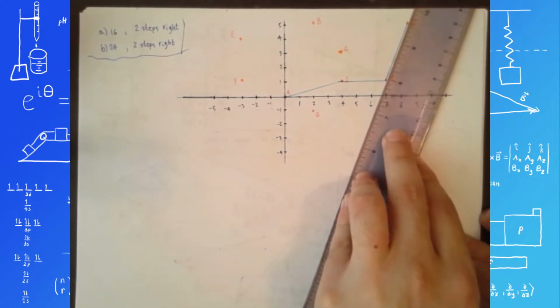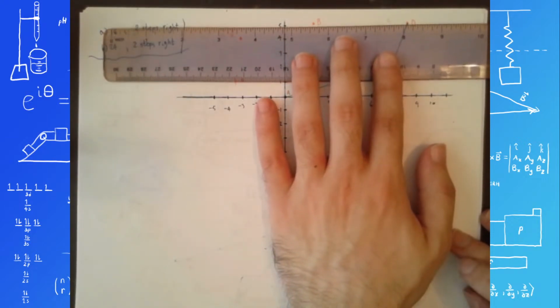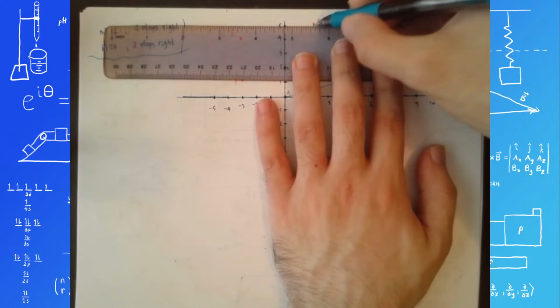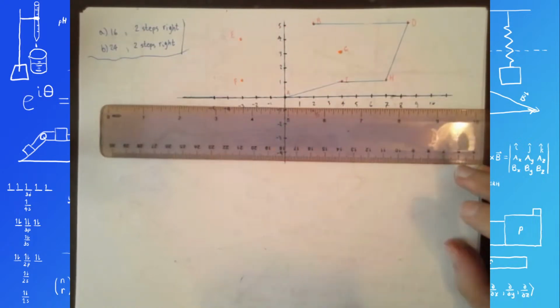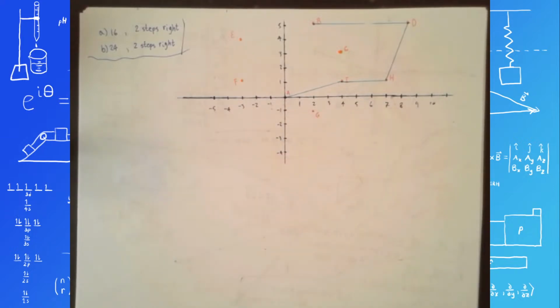And then from D to B. Should be a straight horizontal line if I drew my points in the right places. Yeah, what is that distance? And then we'll deal with the other distance in a minute.